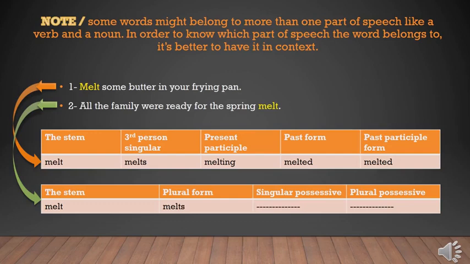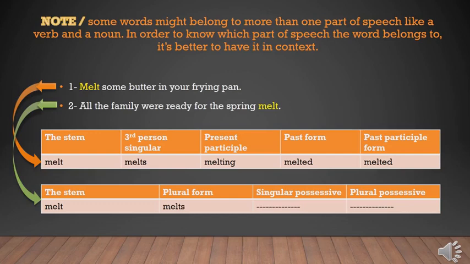And in this way, we cannot know the proper paradigm for this word. But if we put this word in context, we will know the part of speech of the word, and then we can write the proper paradigm for this word.